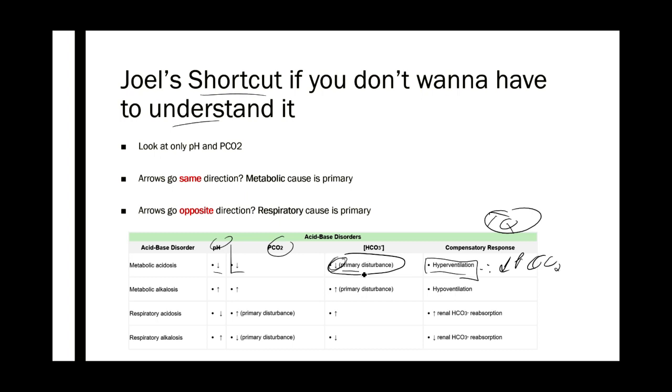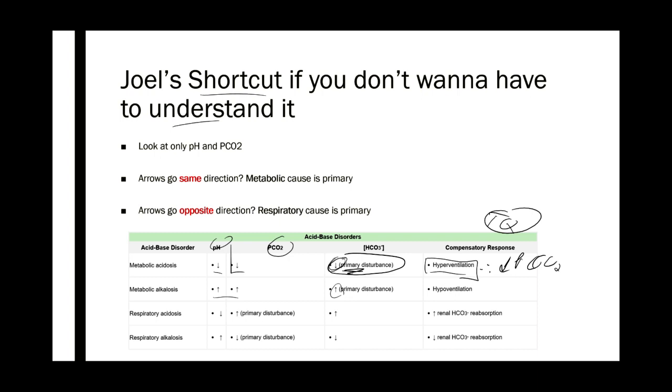Okay, so the primary disturbance is here. Metabolic alkalosis, again, the arrows go the same way because it's metabolic. This would be a situation like the kidneys being really bad at bicarb excretion.